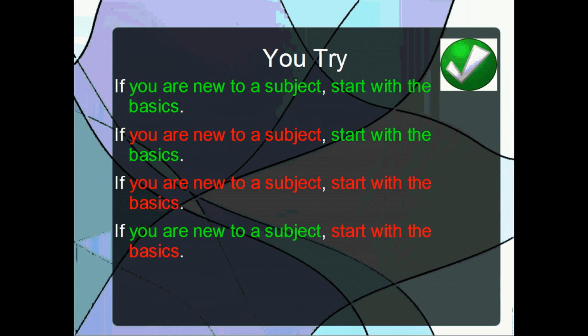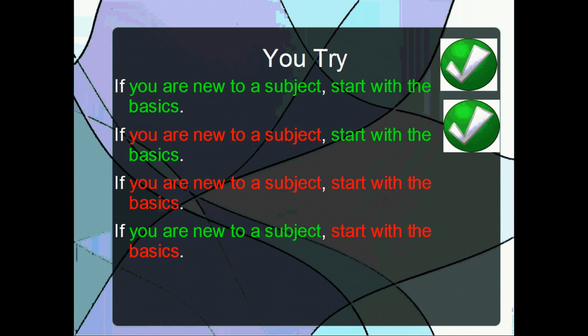Starting with the basics is an effect that will immediately follow if it's true that you are new to a subject. Now let's say it's false that you're new to a subject, but it's true that you start with the basics. That could be true because it could be that you've engaged with the subject before, but now it's unfamiliar to you. So now you have to review the basics. You have to start with the basics again.